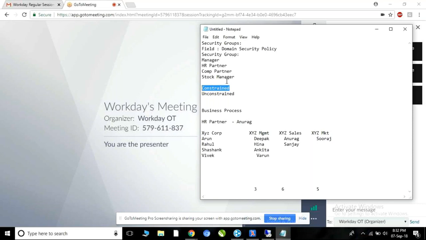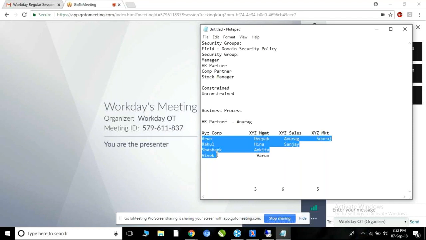What I'm saying is that if a group is created as a constrained security group, then for each organization, that group is available, and anybody in each organization can become an HR partner if we want to assign. If you don't want to, we don't want to. But if you want to assign, then this group is available for all these 4 organizations. The only difference being that if I'm talking about XYZ Corp and I have to assign somebody as HR partner, I can only assign the employees who are hired in that particular organization.